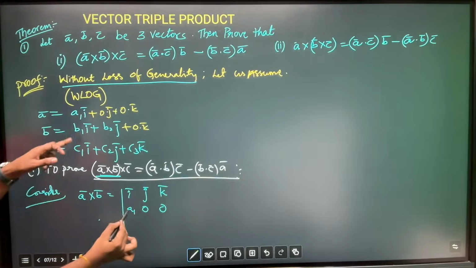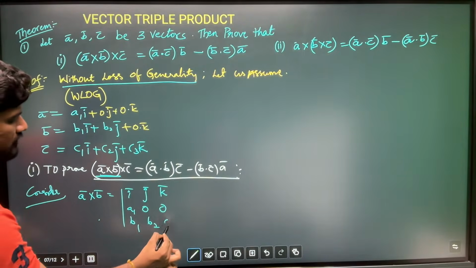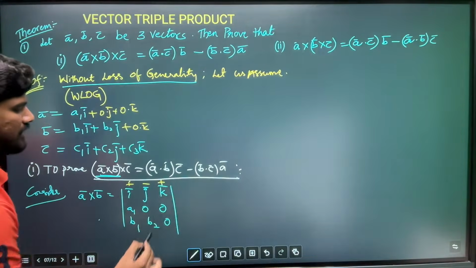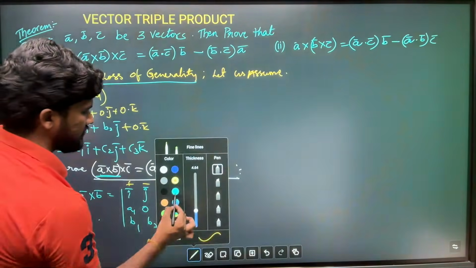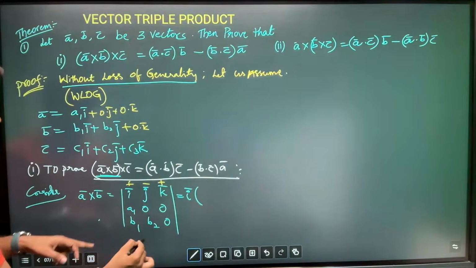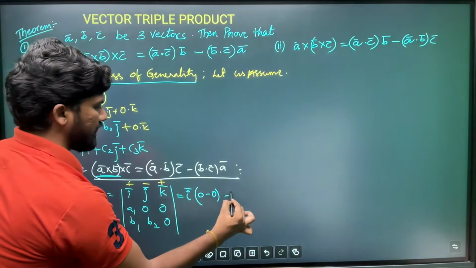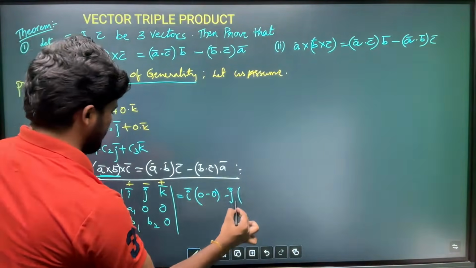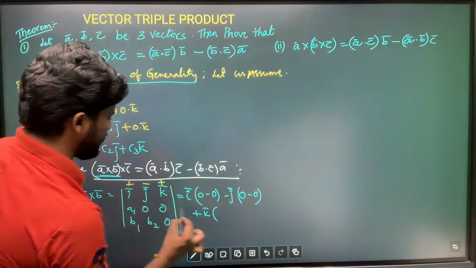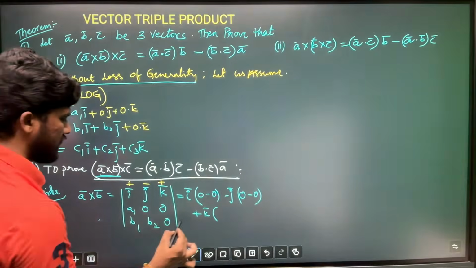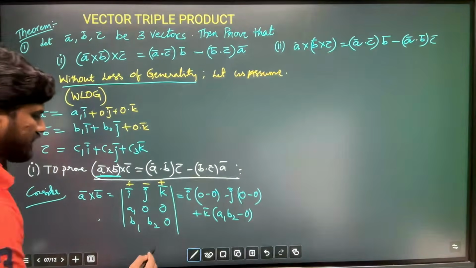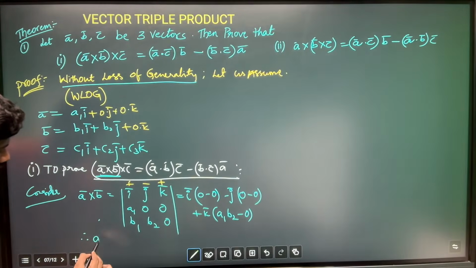Next, b bar, what do we get? b1, b2, 0. Clear? So now, plus minus plus, that implies I bar, apply the cross product, sorry, determinant process, 0 minus 0. Next minus J bar, after J bar cancels, what do you get? 0 minus 0. Next plus K bar into, delete first row third column, a1 b2 minus 0. Be careful. So finally what did we get?